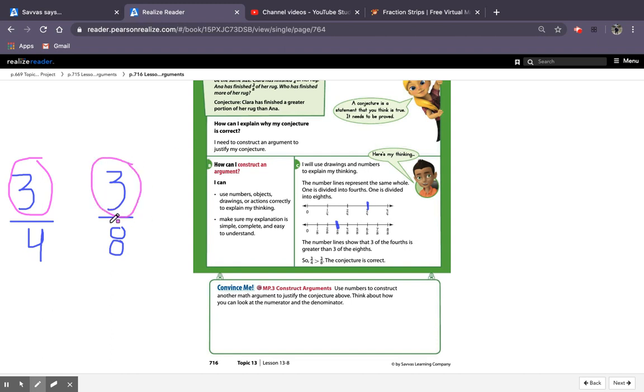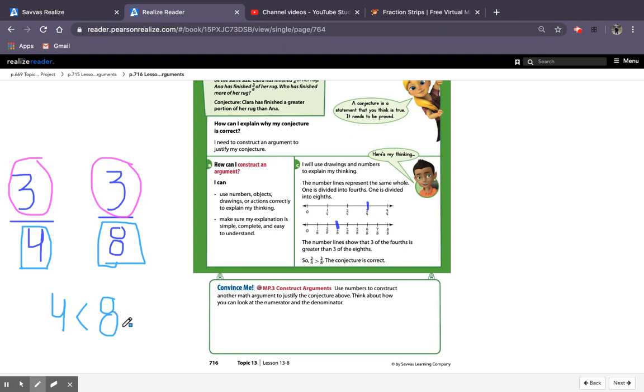So I can compare the denominators. I have to look at the bottom numbers to further my explanation. I have a 4 and an 8, so I'm comparing these two denominators. I know that the fraction with the smaller denominator is the greater fraction. In this case, 4 is less than 8, so I know that 3/4 is greater than 3/8.